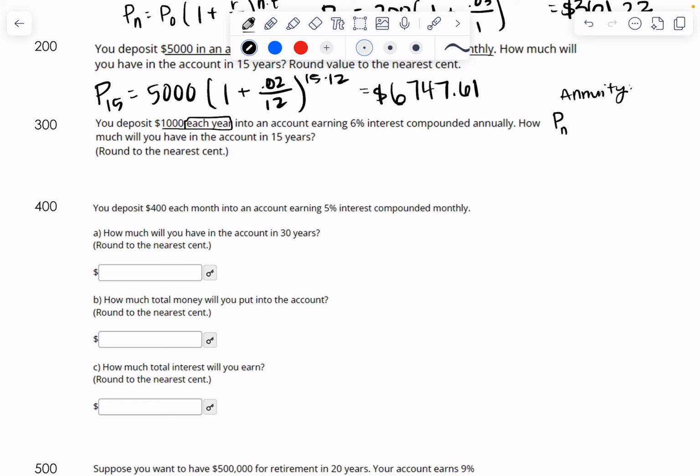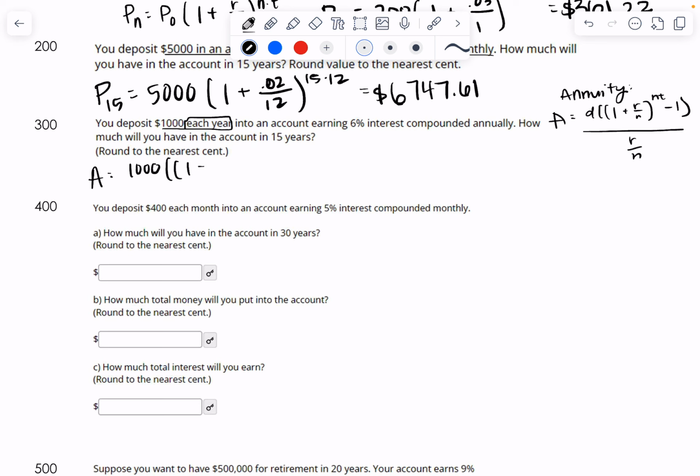So you do P sub n equals P naught. Nope, not P naught, sorry. And I actually think that this uses A. The amount in the account is D times (1 plus R over N) to the N times T, minus 1, over R over N. So the deposit amount is $1,000.